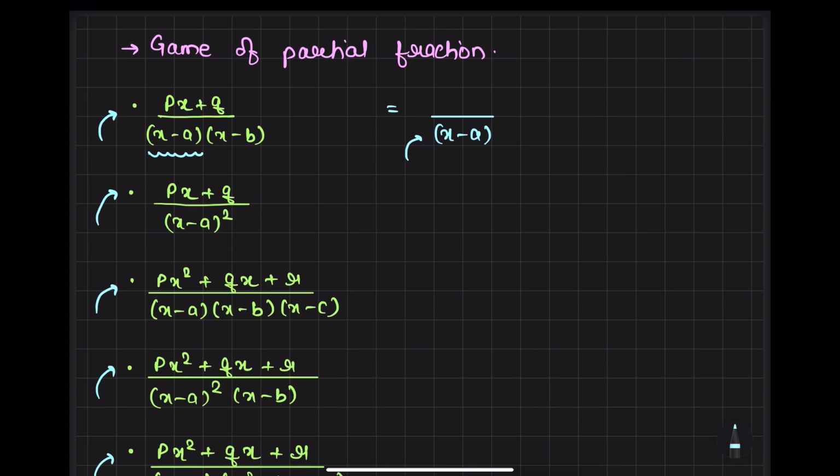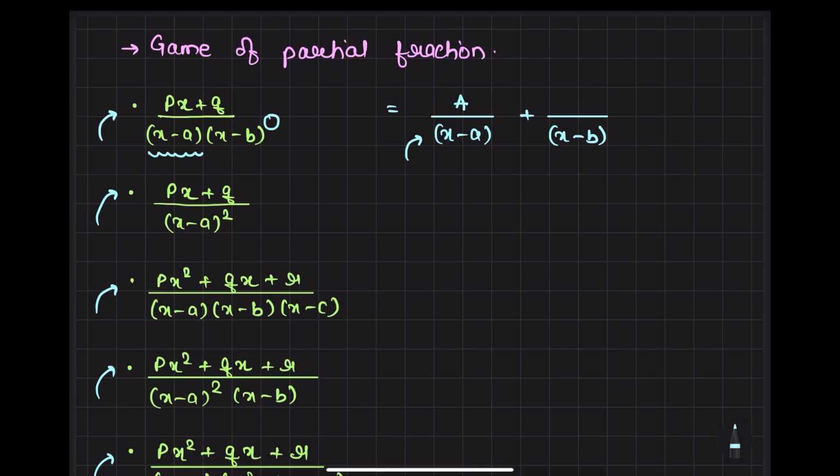Now the denominator is linear, so this means the numerator has to be a constant. So I will use the constant A. Now we are done with the first component. Look at the second component, x minus b. What is the power of x minus b? It is 1, so you start from 1 and end at 1. You will always start from 1 and keep increasing the power till you reach the final power.